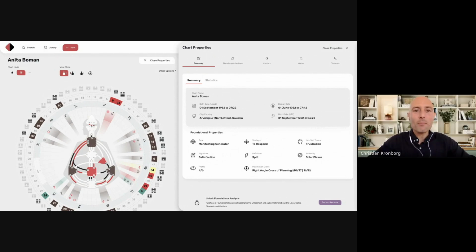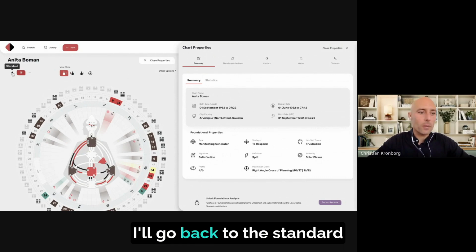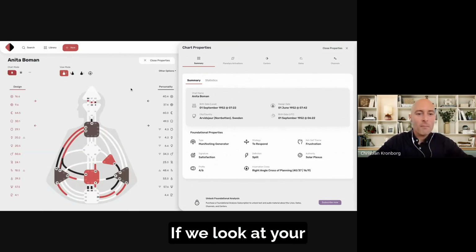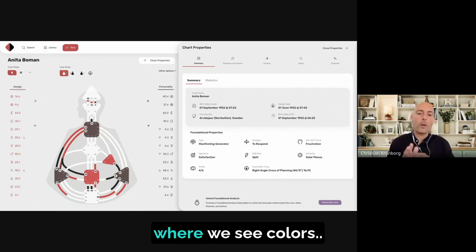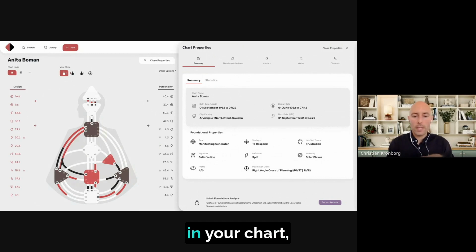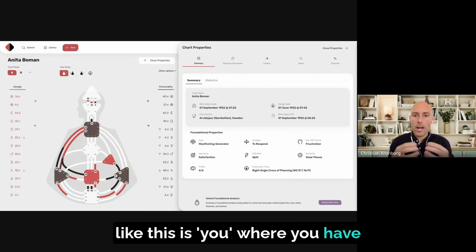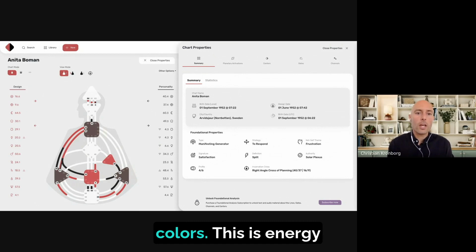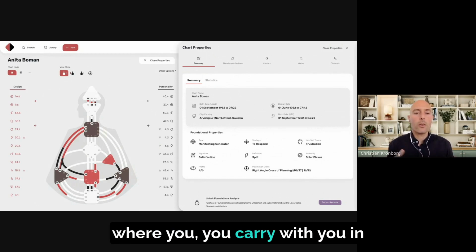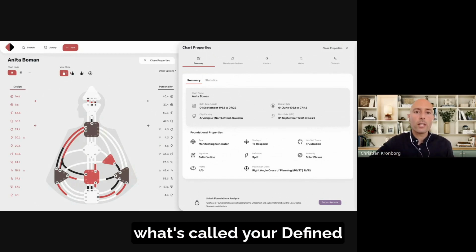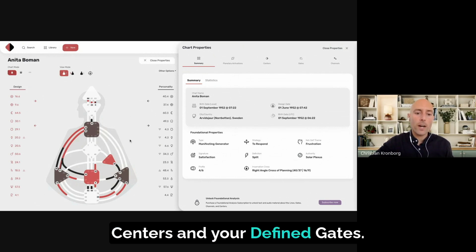Yeah. If I go back to the standard setting here. If we look at your body graph here, what's important is where we see colors. So in your chart, like this is you, where you have colors. This is energy that you carry with you in what's called your defined centers and your defined gates.